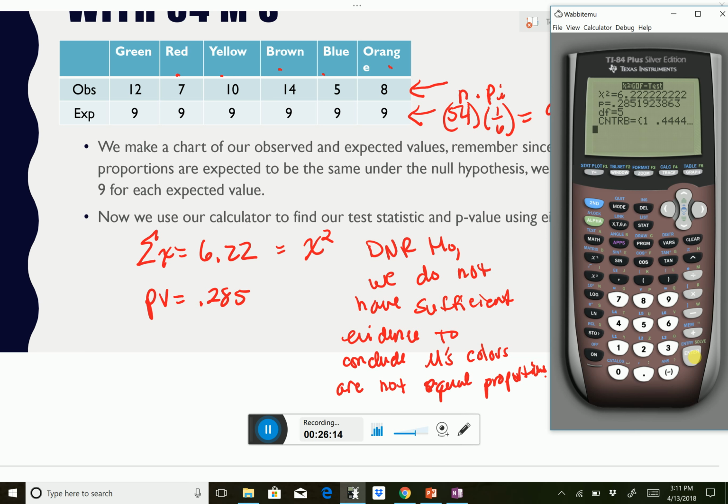And I hit calculate, and it gives me my chi-squared, it gives me my p-value, and this CNTRB, in case you're wondering what that is, is actually a list of each one of the O minus E's squared over the E's. So this 1 is the first one, because 12 minus 9 is 3, 3 squared is 9, 9 over 9 is 1.